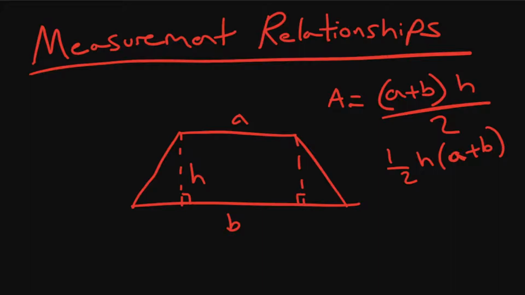You never really are going to need to know this, but it's just interesting. If you were to subtract B from A, this whole middle part right here, if you do height times A, you get the area over here. But then what about this area over here?